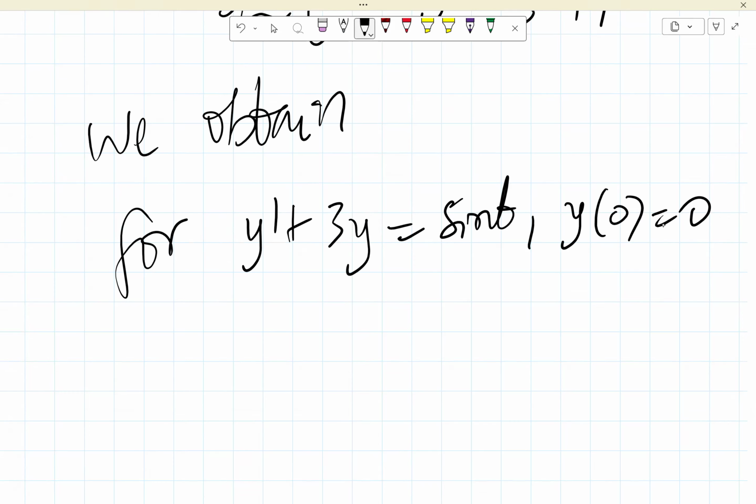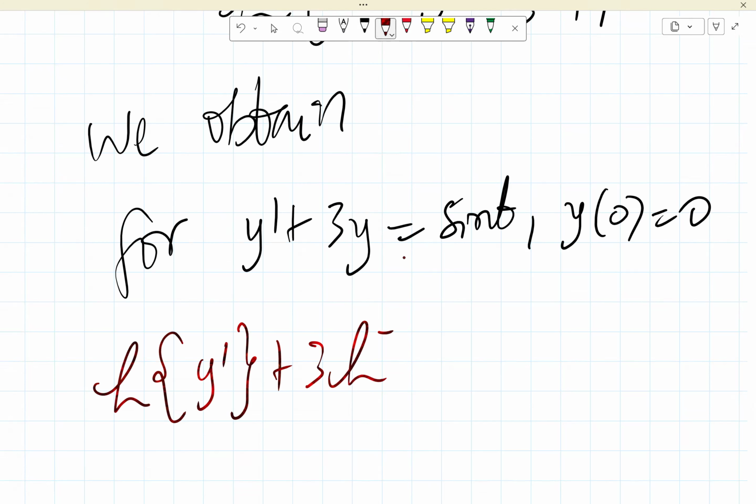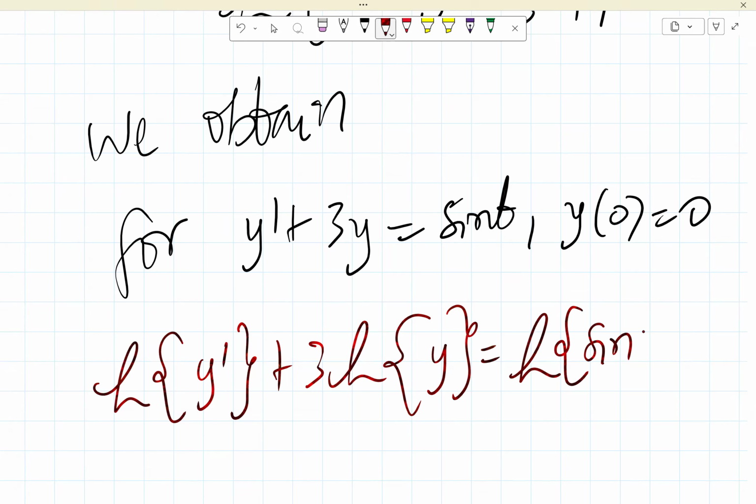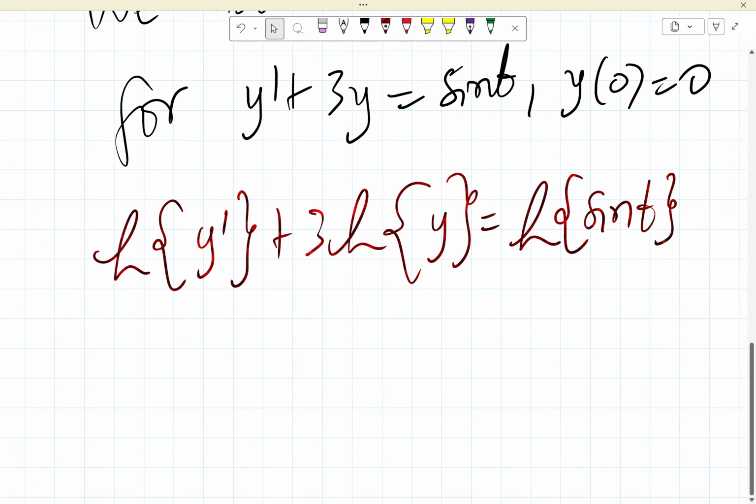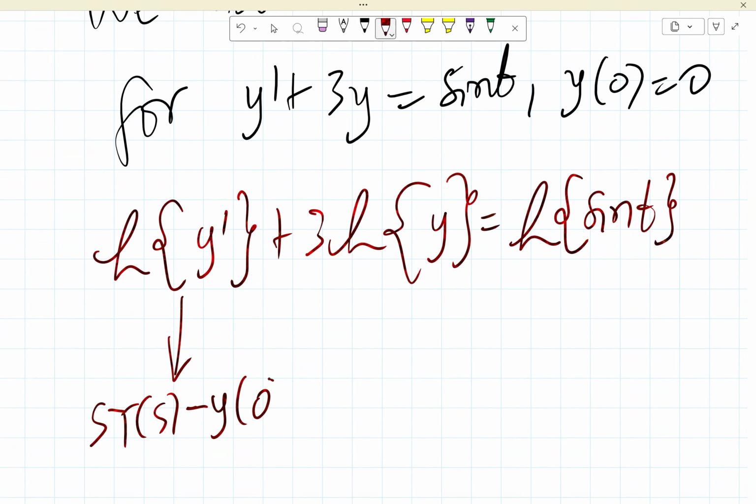Normally, this is what we should have: the Laplace transform of y prime plus 3 times the Laplace transform of y, and then the Laplace transform of sine t. For y prime, we know the Laplace transform of y prime is simply s Y of s minus y of 0, like this.